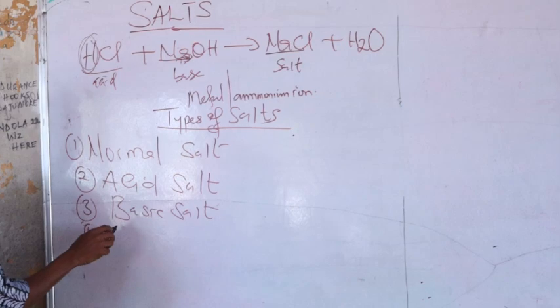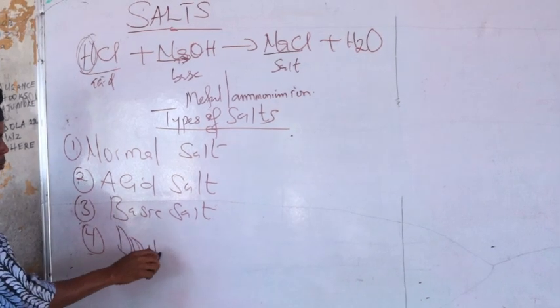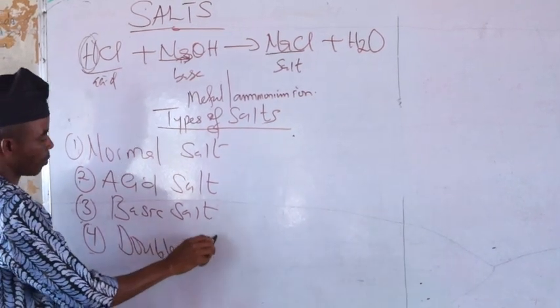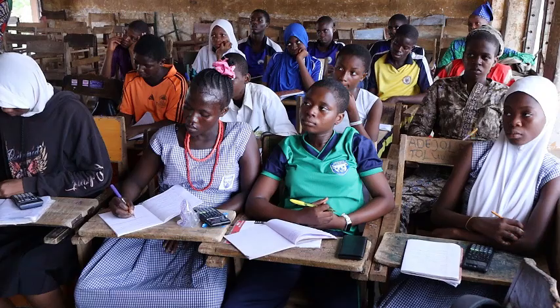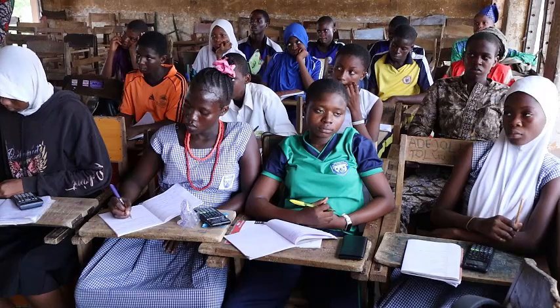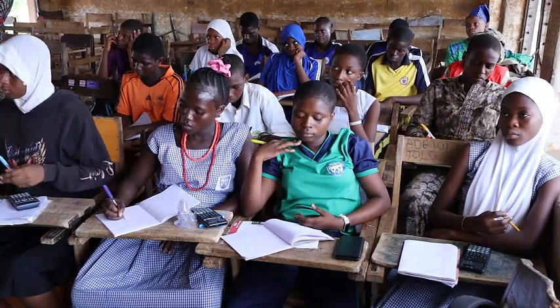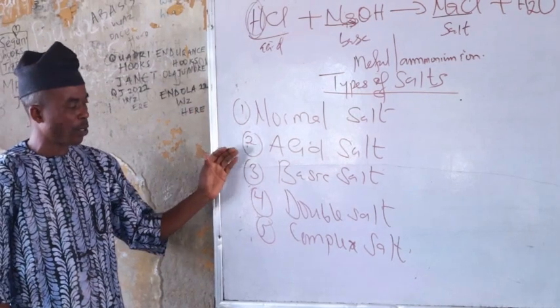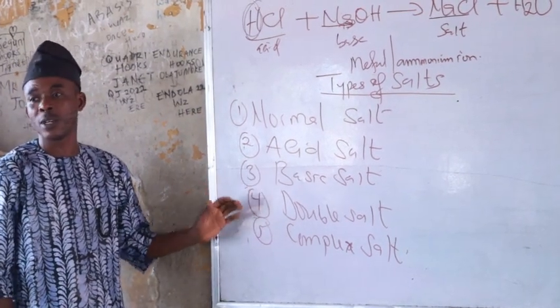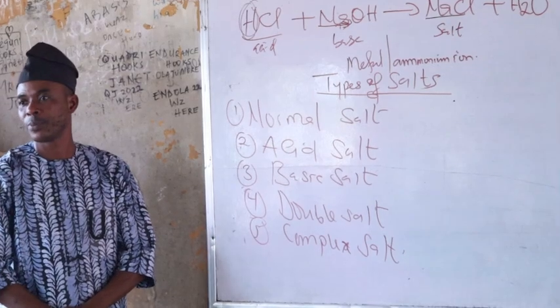Four, we have double salt. Five, we have complex salt. Normal salt, acid salt, basic salt, double salt, and complex salt.